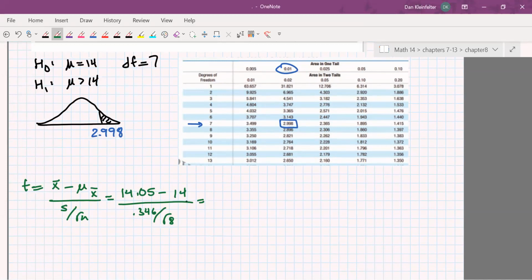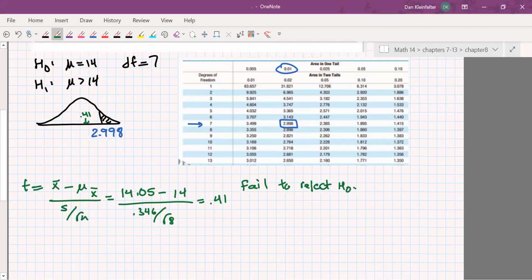So 0.41. All right, so that's really not in the rejection region, right? So we're going to fail to reject our null hypothesis.